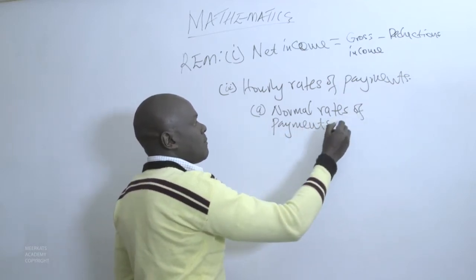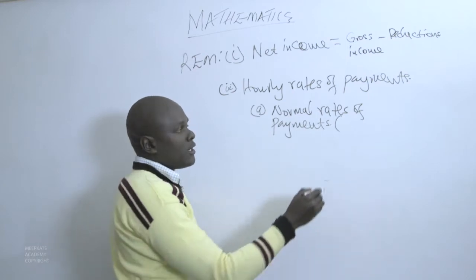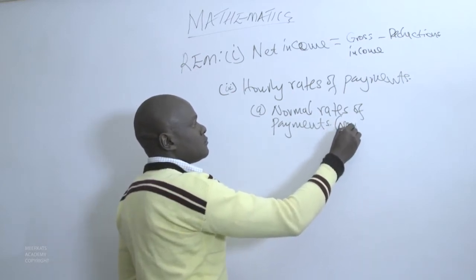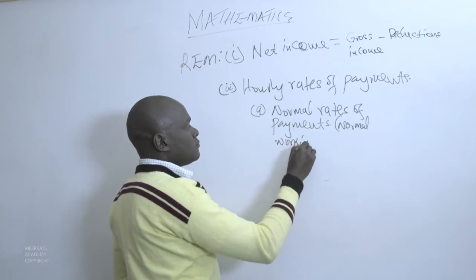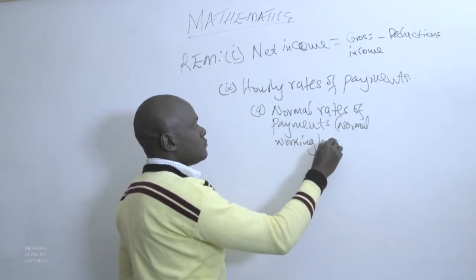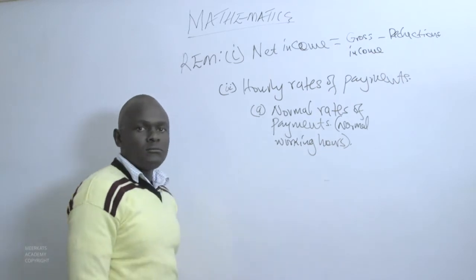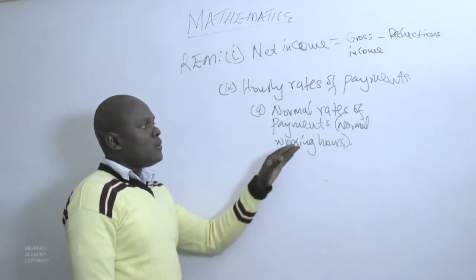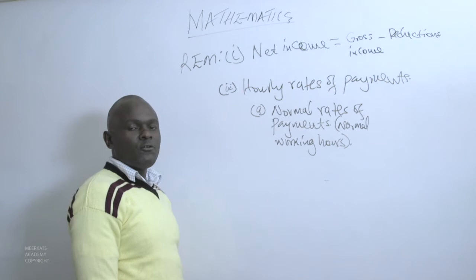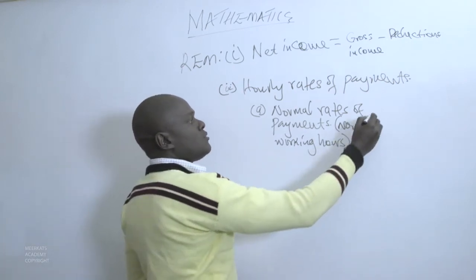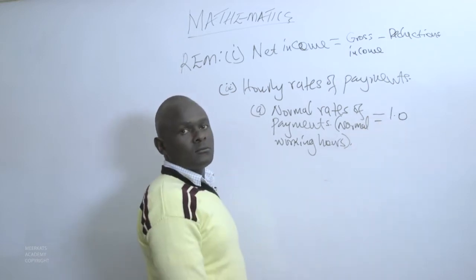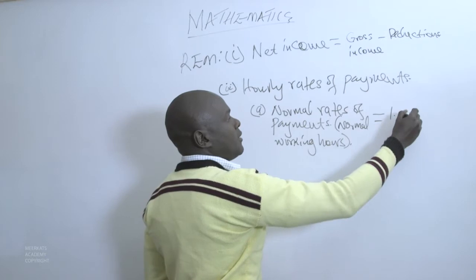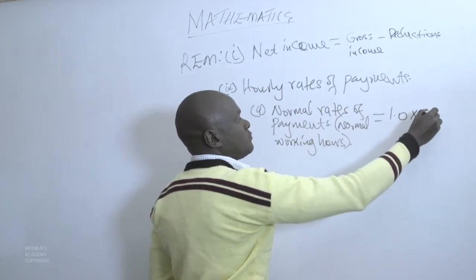This was actually under normal working hours. And when we were looking at the normal rates of payments, we said that this has a factor of 1 multiplied by the normal rates.